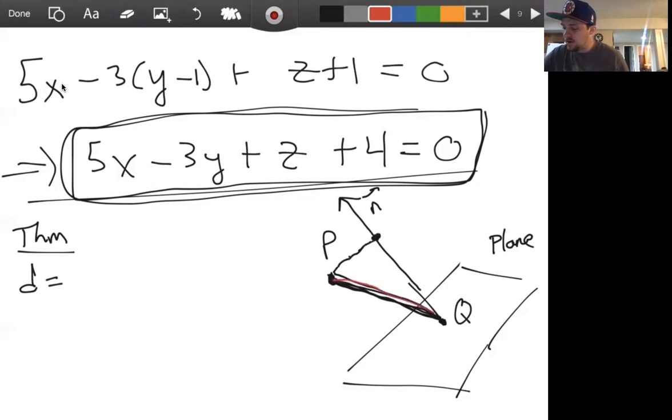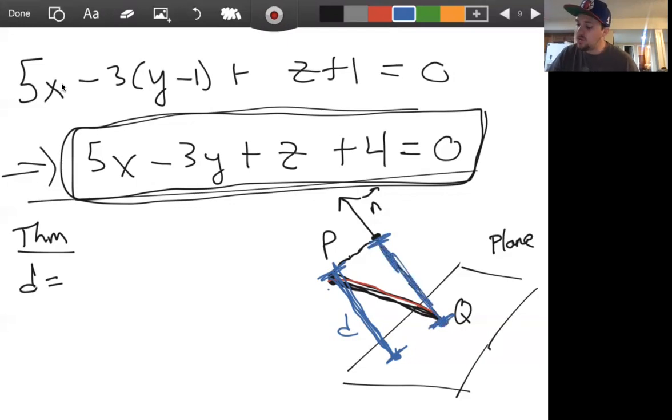And if you see here in the picture, the closer distance could be represented in blue here to some other point that may not be Q, right? Well, what is this length here? This is the distance D that we want. Notice this is just a parallel translation of the distance from Q to this projection of the vector PQ onto the normal vector.